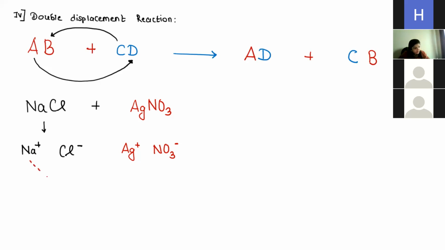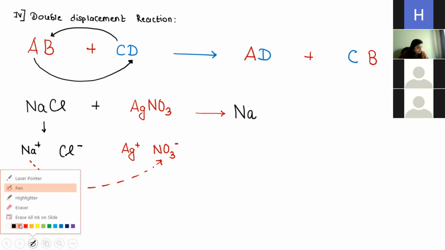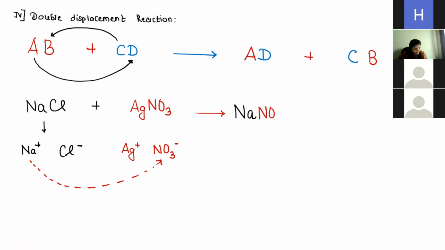So the positive of the first compound will go to the negative of the second compound, and that is how you will get a product as NaNO3, plus the positive of the second compound will go to the negative of the first compound.